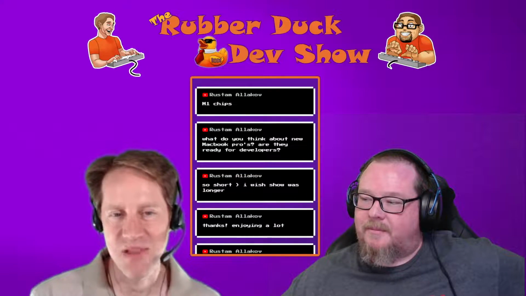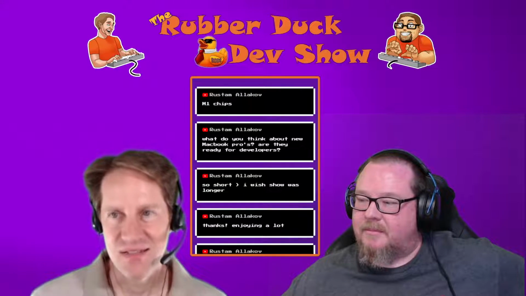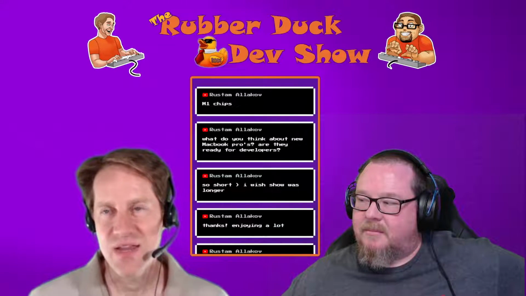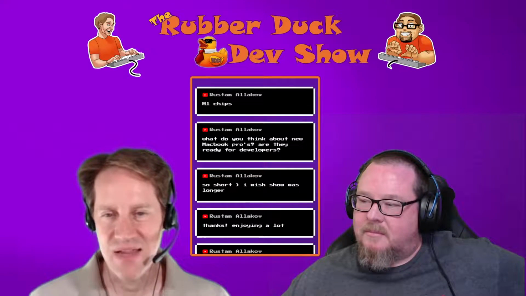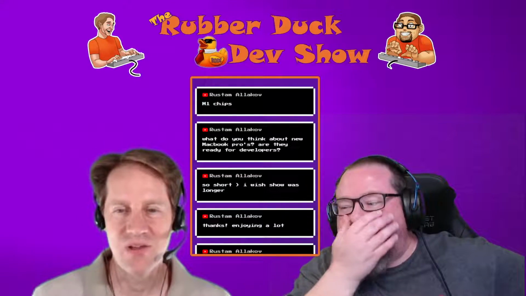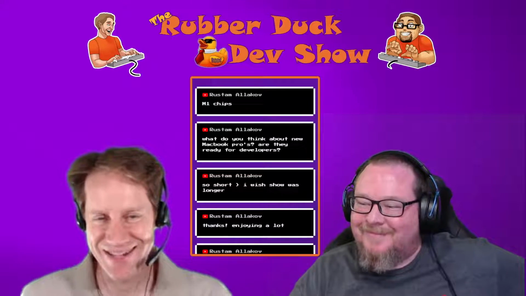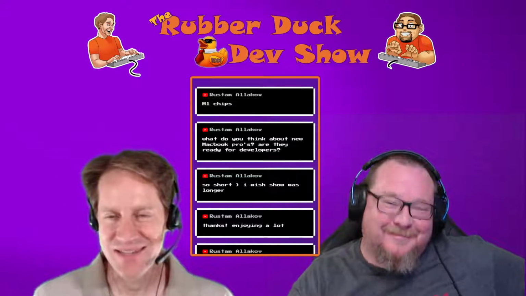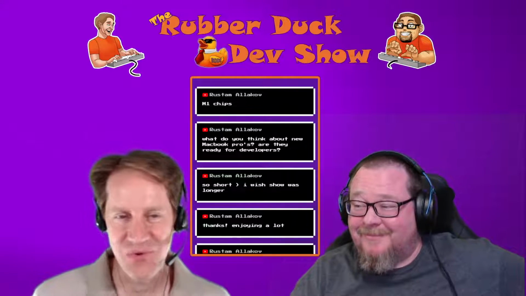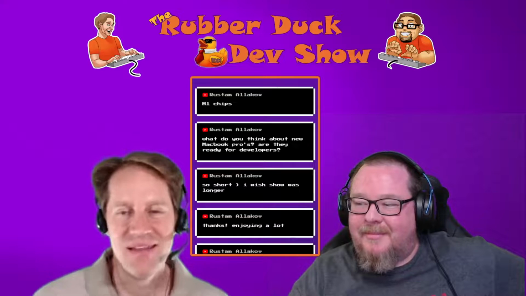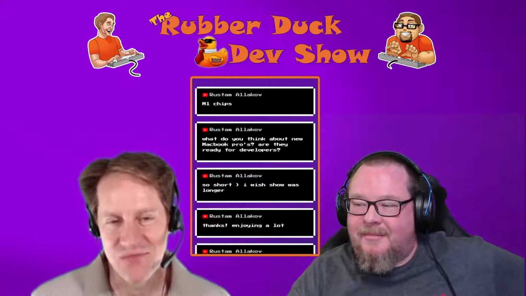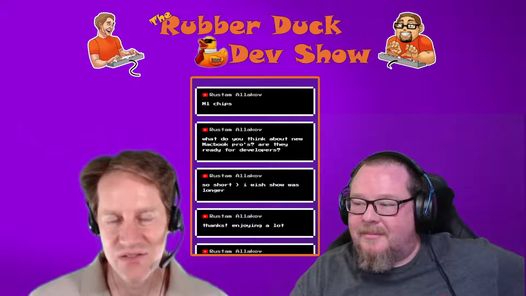The M1 chips may have changed this, but you can get a standard AMD or Intel based laptop that can run Windows, or install Linux on it instead, and you'll get double the performance for the same price, or the same performance for half the price. But the M1 chips may have changed that, so it does look awesome.